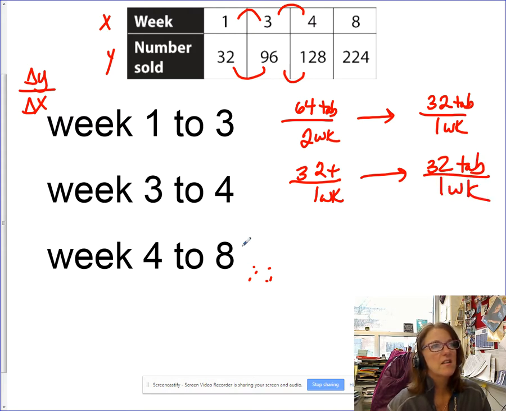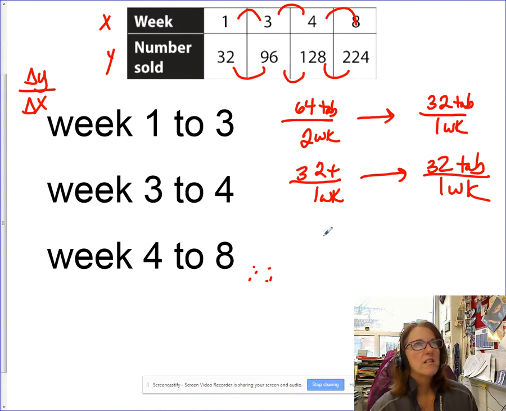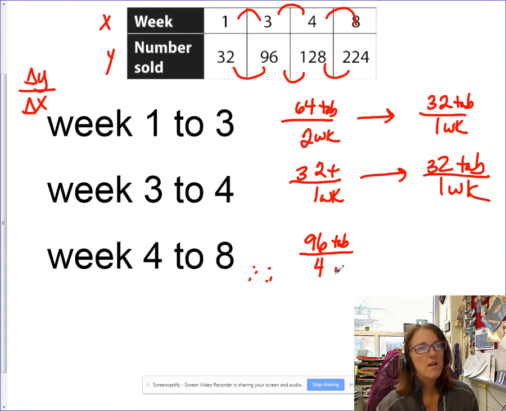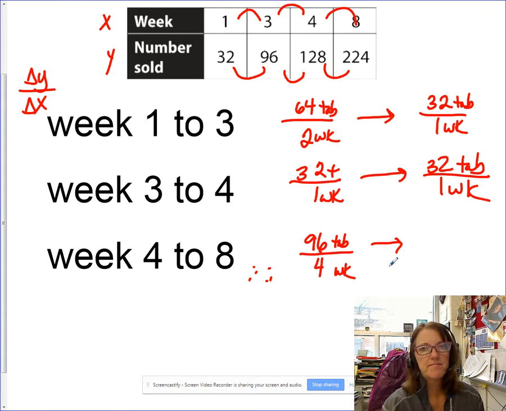What's going on here? Last interval. All right, 128 to 224. Let's see what's happening there. The difference is not quite 100 because I'm not getting to 228. I'm only getting 96. This is over a 4-week time frame. So let's get that one in simplest form.